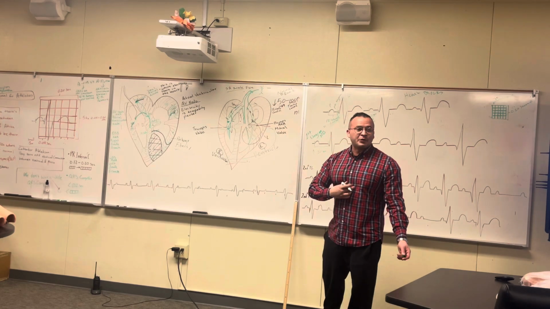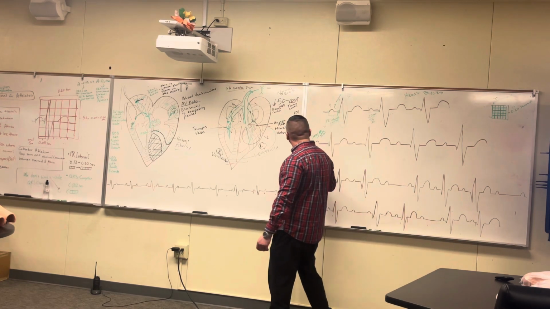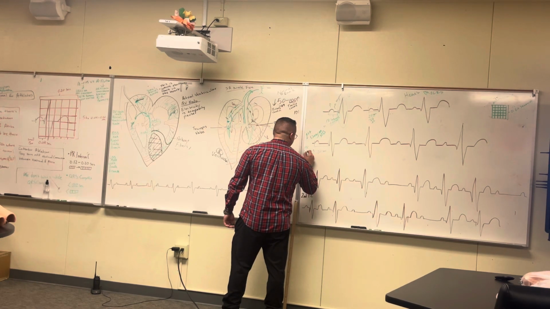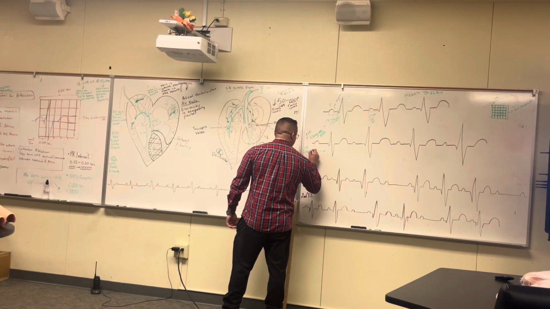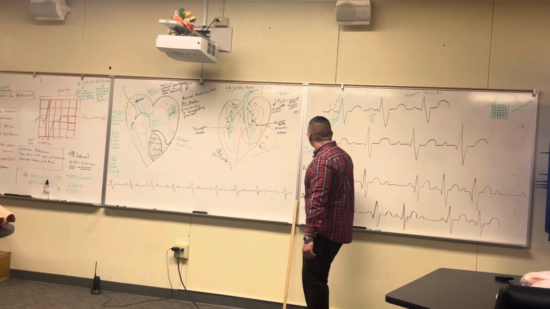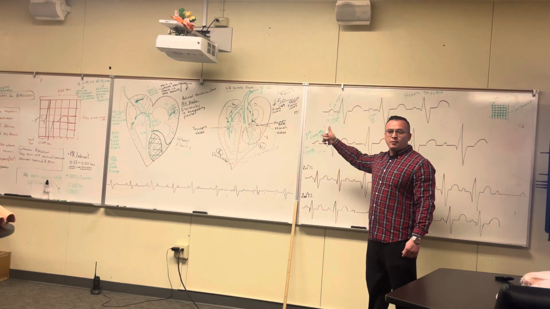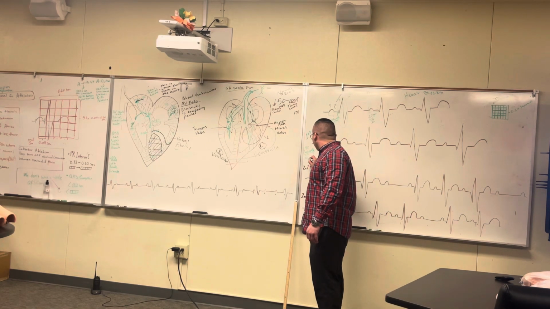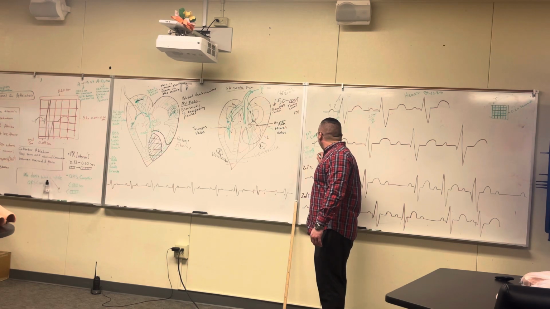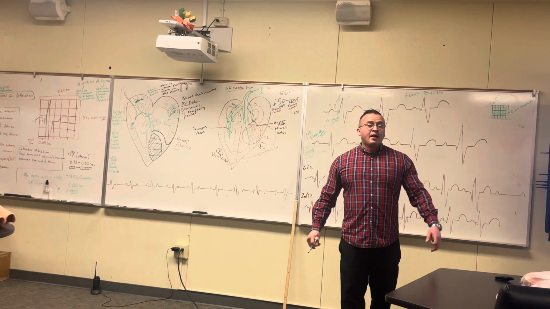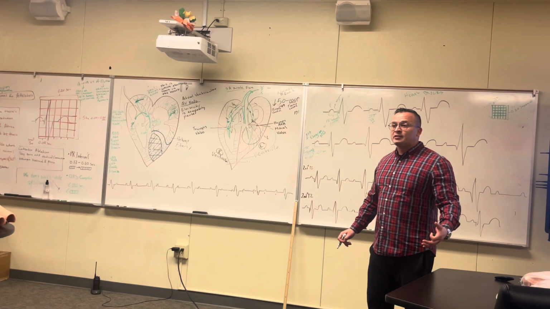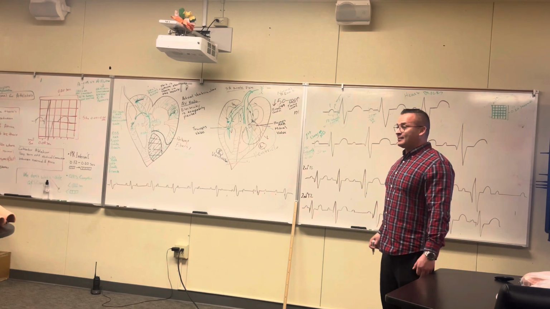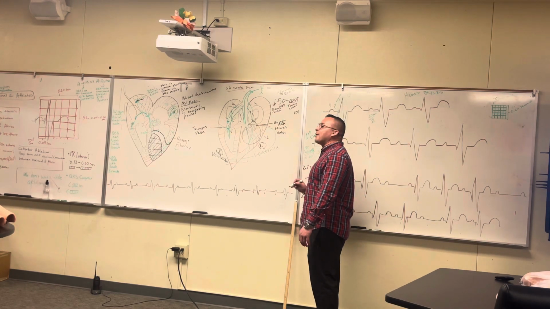So if I have a first degree heart block, all that means is that my PR interval is longer, I put an arrow up, meaning more, it's wider than 0.20 seconds. And if it's wider than 0.20 seconds, it means it's wider than how many small boxes, Freddie? 6. It's 6 at least, but it's wider than 5 boxes.